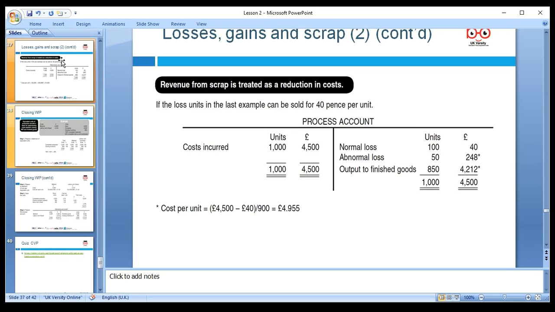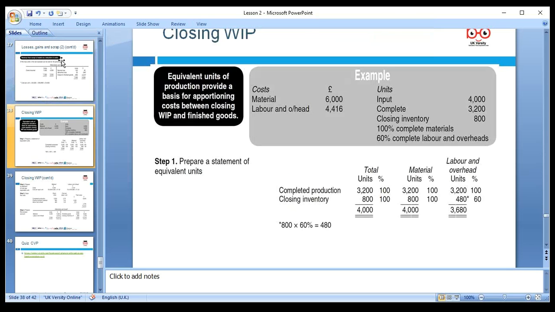So if we do it on the scrap, it is expected cost minus scrap value, divided by expected output, which was 900. So now it's 4.955. So that 50 will be £200. So we can multiply and calculate that through this as well.